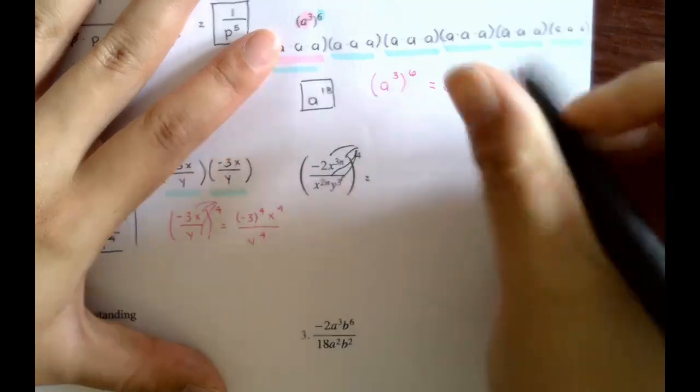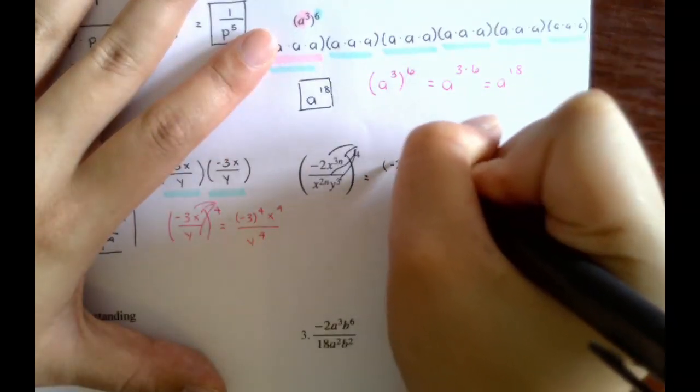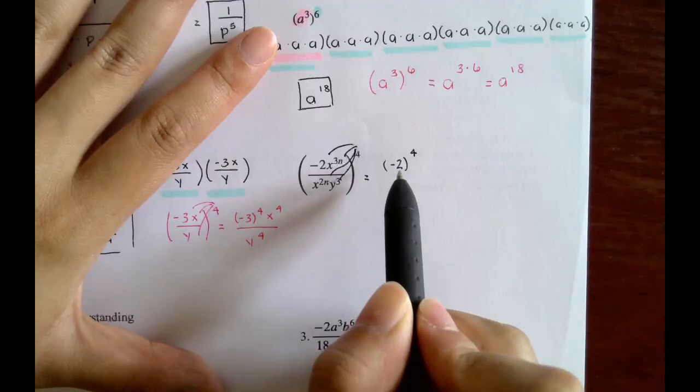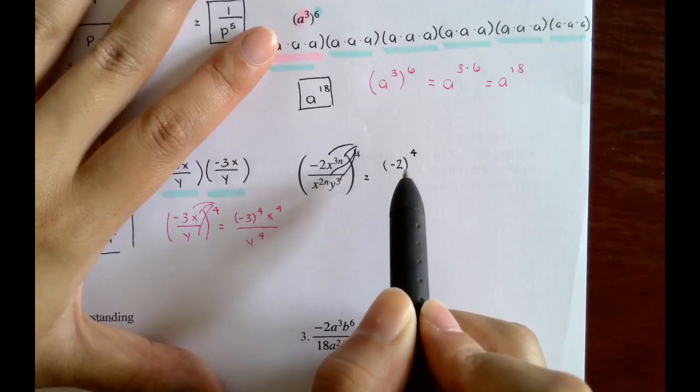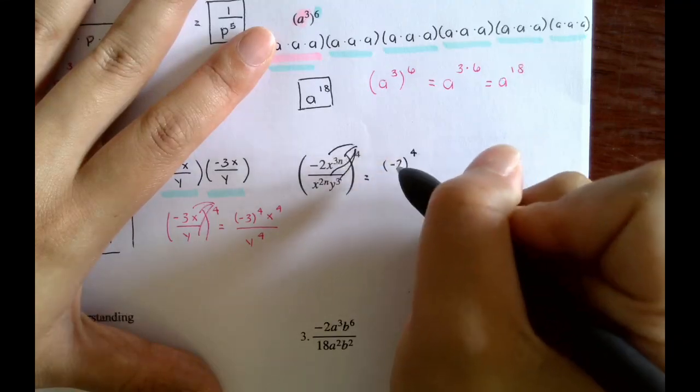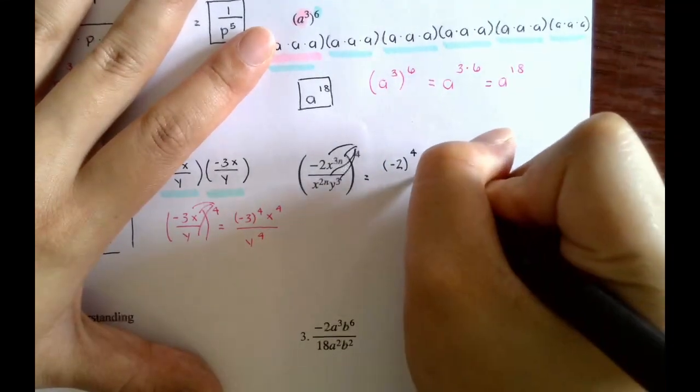Okay. So then this becomes negative 2 to the 4th. Okay. It's important that this negative 2 here is in parentheses, okay, because if not, then only the 2 is being raised to the power and the negative is not. Okay.